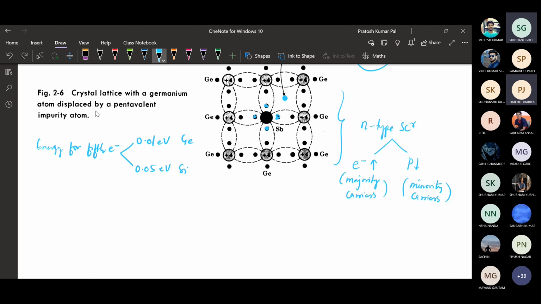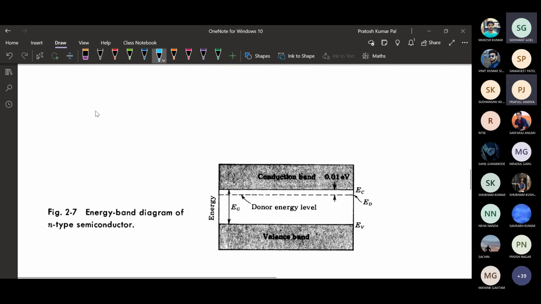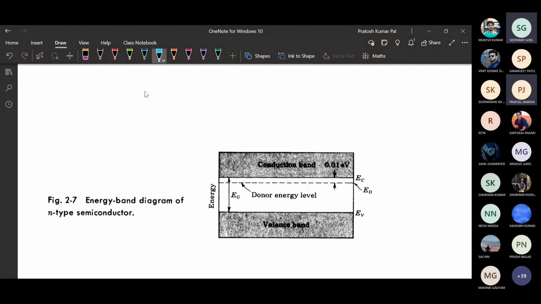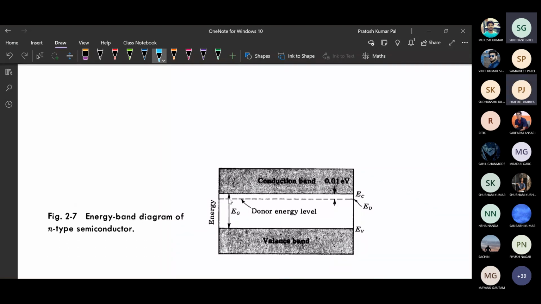Okay, and like we have seen, we need to provide that much energy to make the conduction. So how does this come? Basically, if we have done the doping, the doping allows an extra energy level to form.